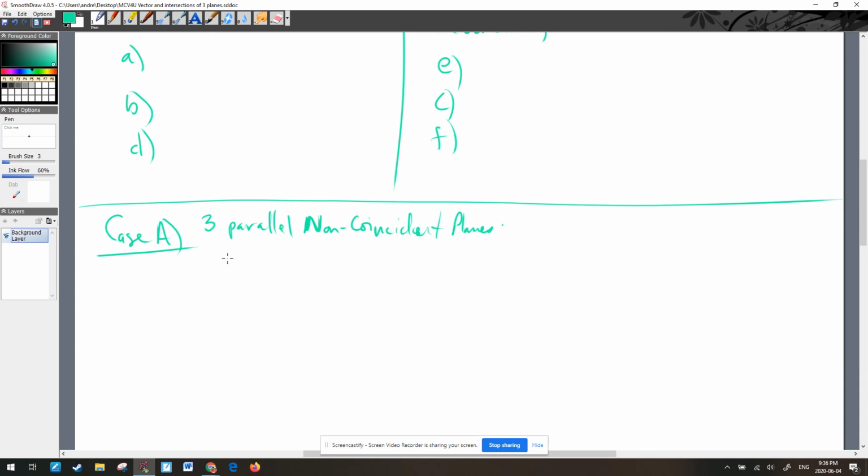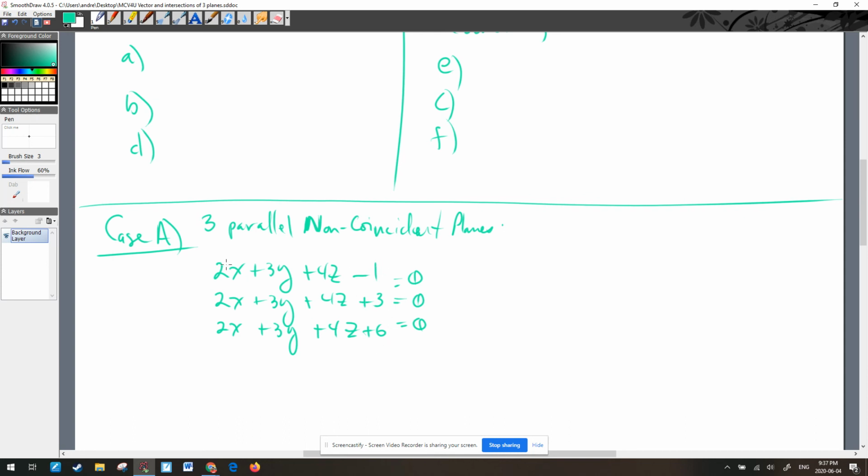So they would have to look like the normal vectors are the same, right? It would look something along the lines of 2x plus 3y plus 4z, and then, if we reduce them like we're supposed to, 2x plus 3y plus 4z and 2x plus 3y plus 4z, and then like minus 1, plus 3, plus 6. You'd look at that and be like, all the normals are the exact same, and these values aren't.